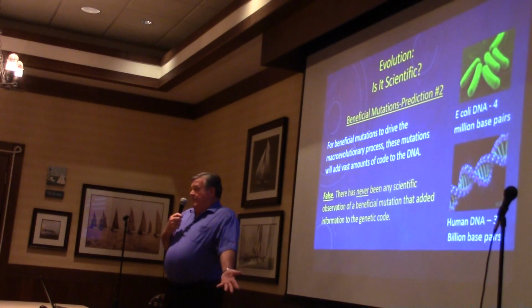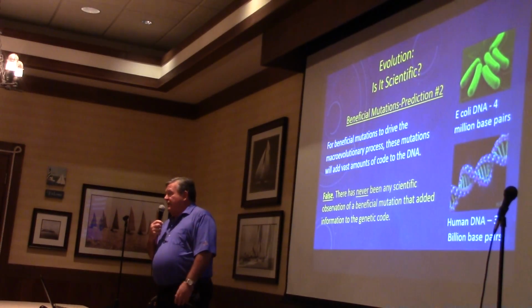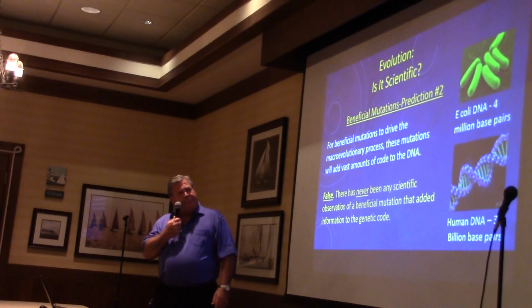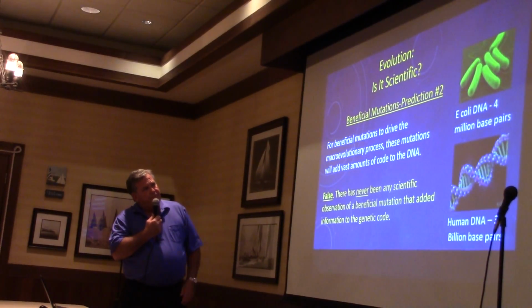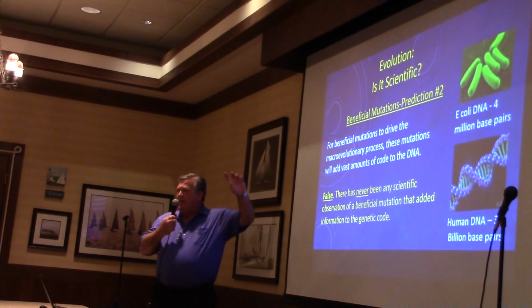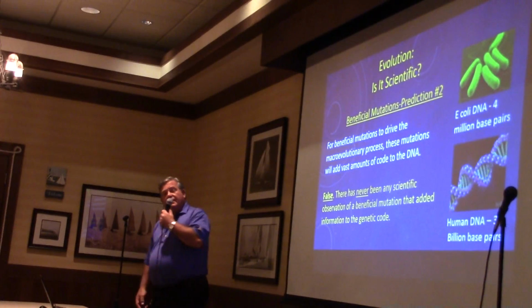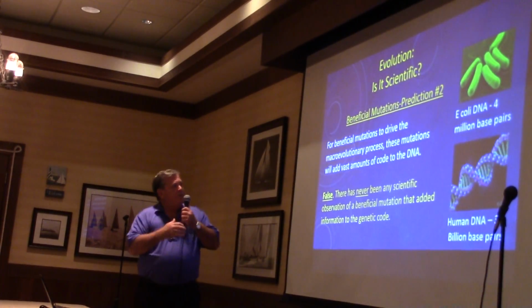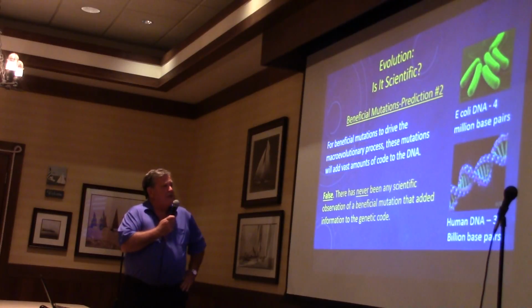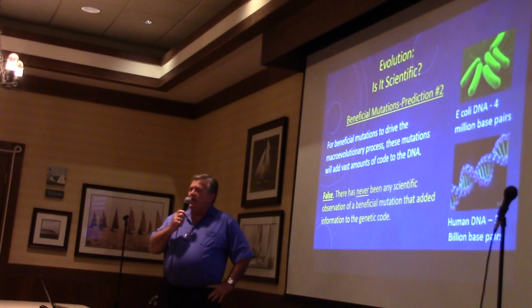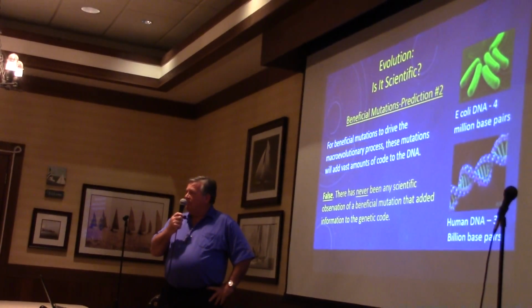That's quite a bit of base pairs for something you can't even hardly see with a microscope. Or you can, but very little. And human DNA is 3.5 billion base pairs. So there had to be, from a one-celled animal to a human being, huge amounts of mutations that added genetic code to the DNA. Anybody argue that?